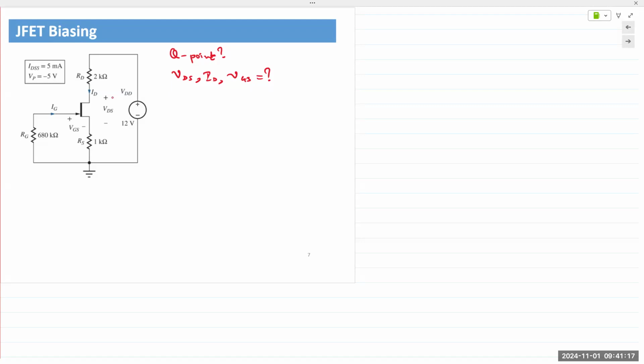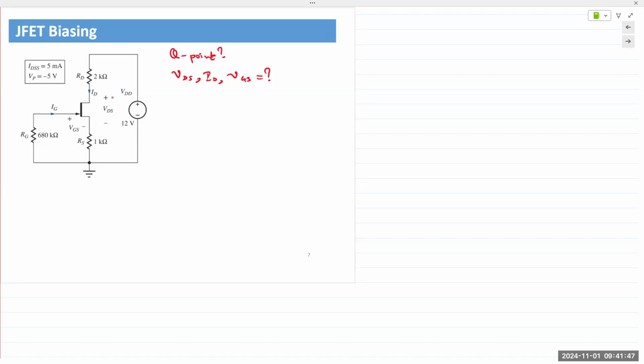All right, let's begin. For a diode, it was straightforward. We had two terminals. We applied KVL, KCL, any circuit analysis technique that would work. We'll do the same thing here. But for transistors, we break up the circuit into two parts: the input and the output side. For this JFET, the input side is the gate source, output side is the drain source.